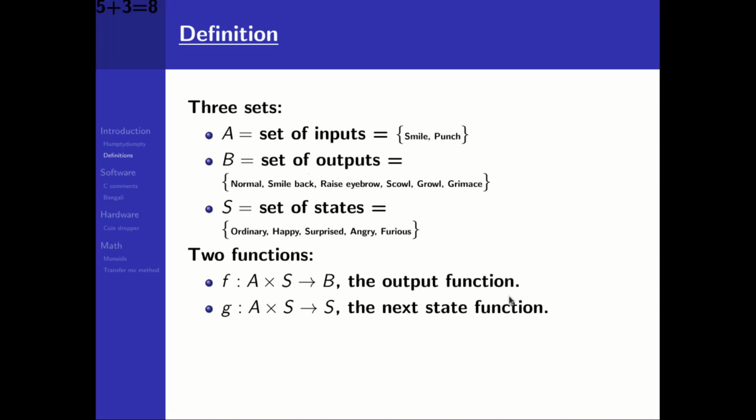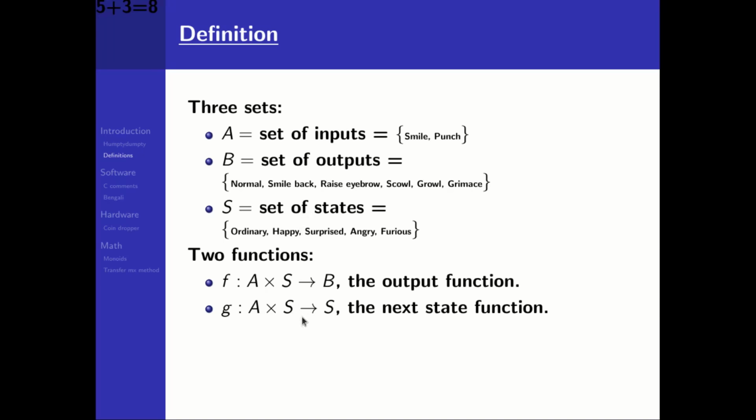Then also the mental state is updated by the function which I have called the next state function, G, from A cross S to S. If your current state is here and the current input is here, in that case the next state will be in this codomain. So I have got 5 things, 3 sets and 2 functions.